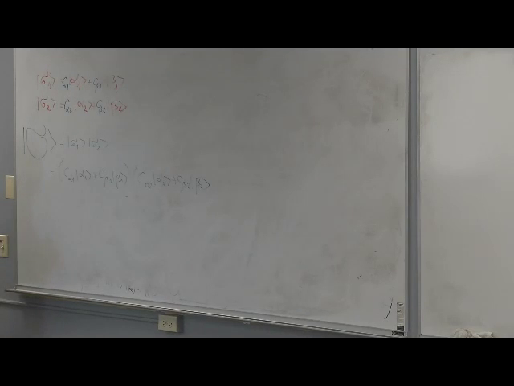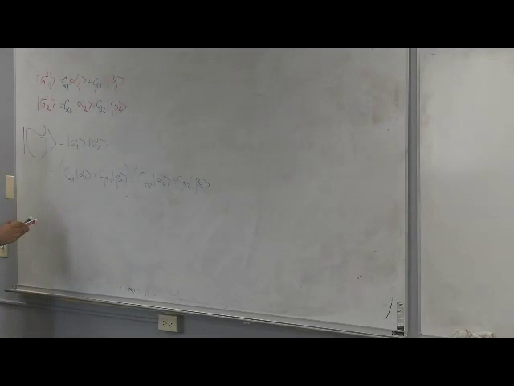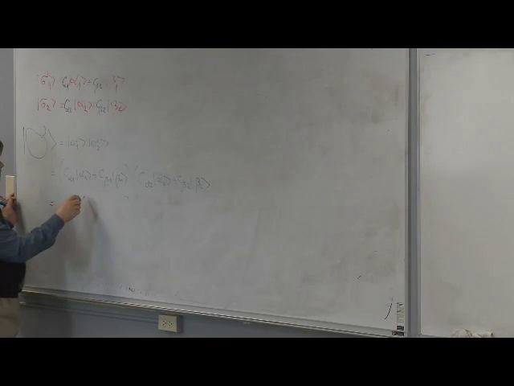So if you open brackets, we see that the system of two spins can exist in either one of four states.